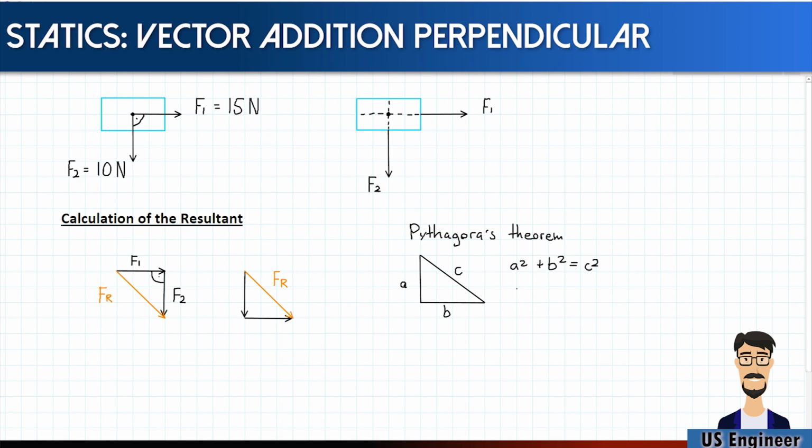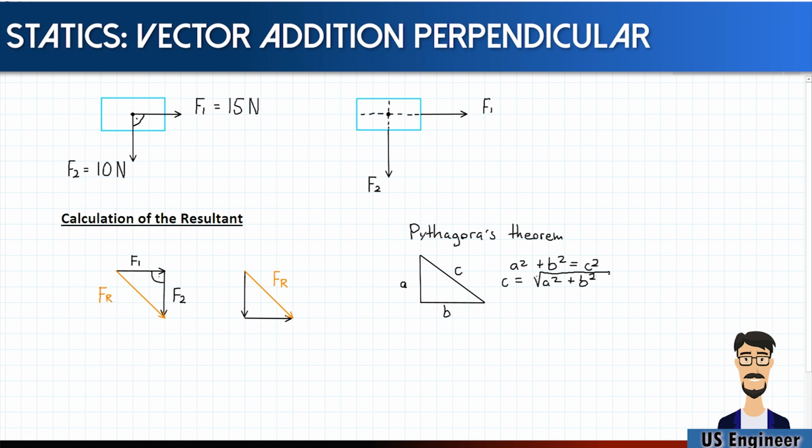And if you want to rearrange that equation for C, you get C is equal to the square root of A squared plus B squared. That's Pythagoras' theorem. And since our force vectors represent a right-angled triangle, the hypotenuse is basically FR.